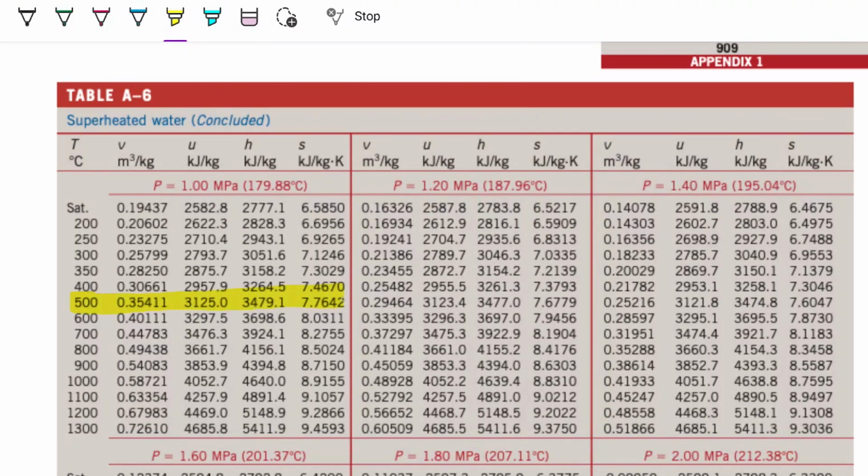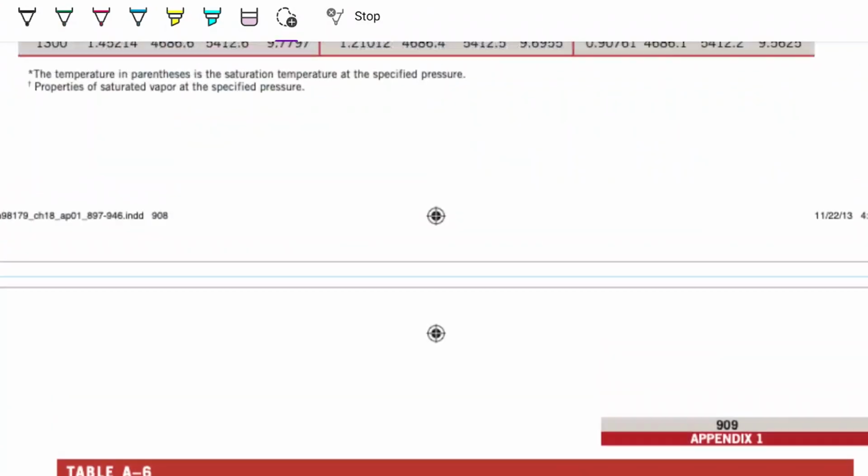These are the ones that interest me, and specifically the one I'm looking for is the specific volume. This is the one that I want, right? With this crucial information, I can go back and calculate my volume. So let's write this down: 0.35411 is the value of interest here.